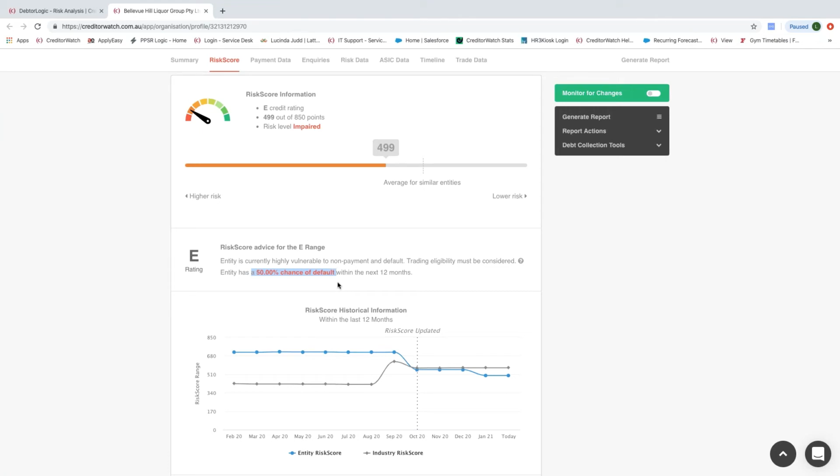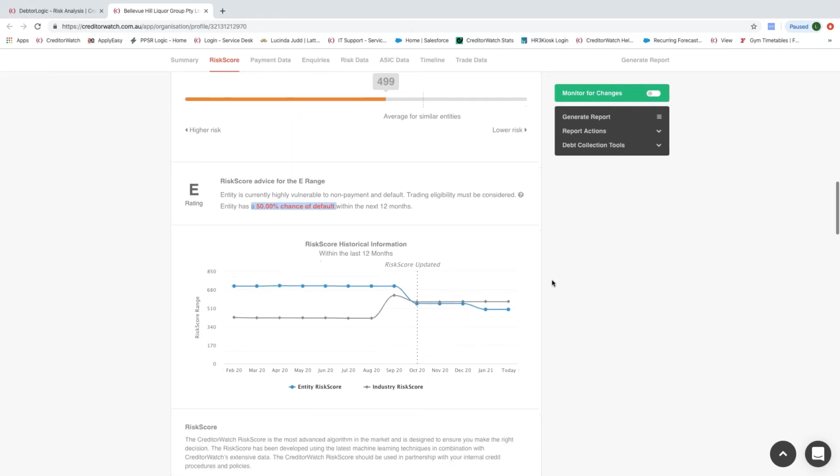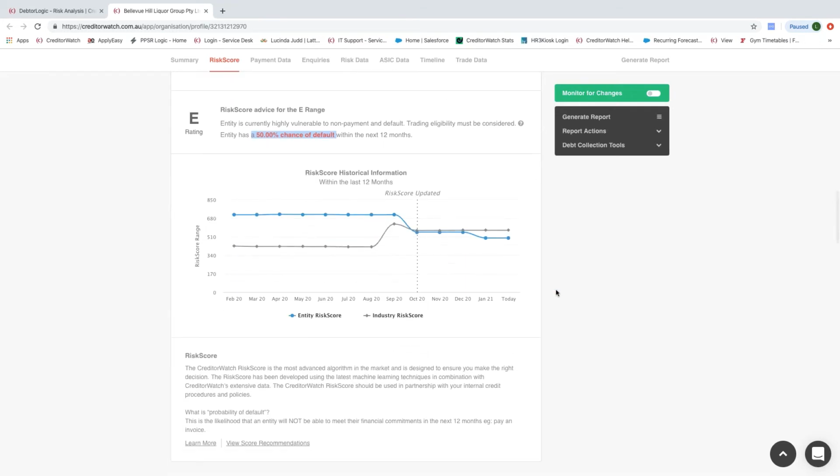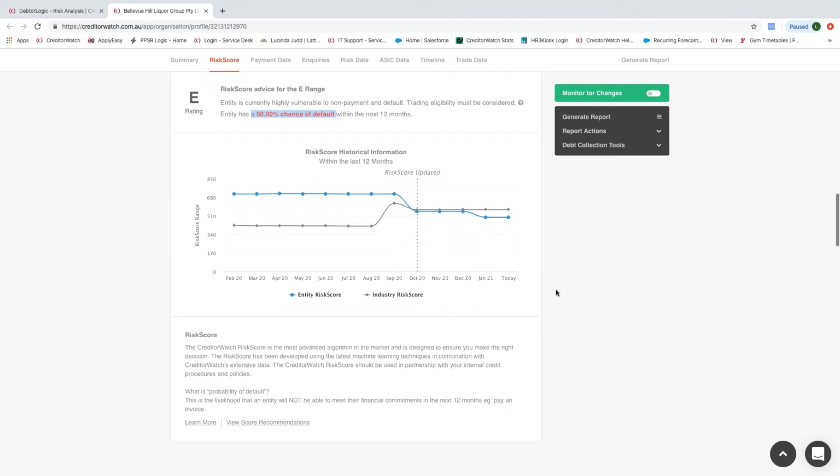So this one's pretty high up there, and one you'd want to be across and thinking about your credit terms with them and maybe changing that based on this information. You can see that's now below average, or below the industry average for risk.